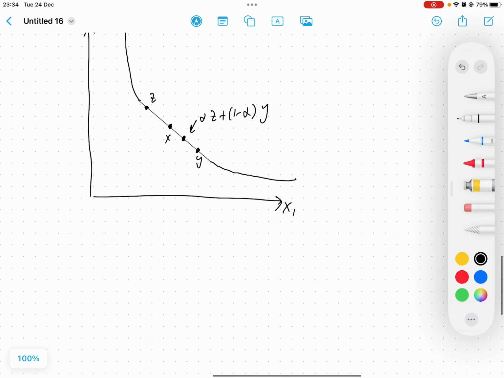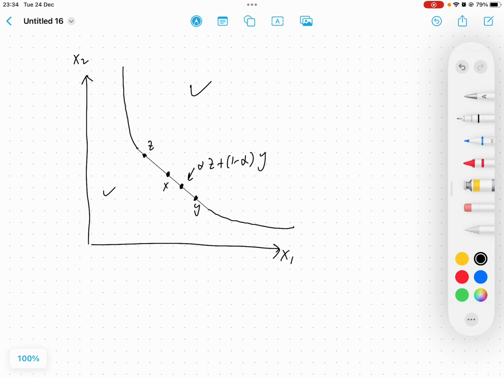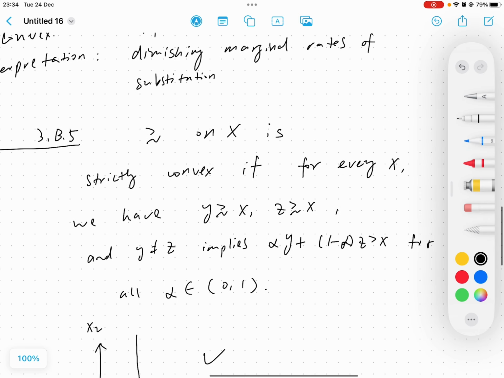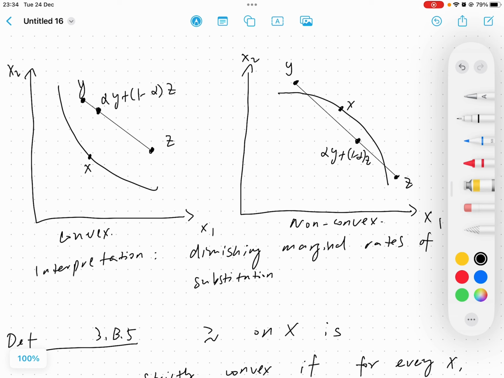All right. So this would be the upper contour set, and this is the lower contour set. Those are also very important properties: convexity and strict convexity for the preference relation.